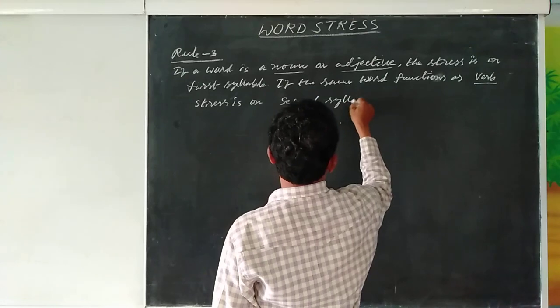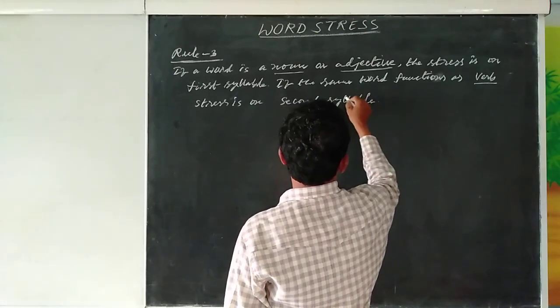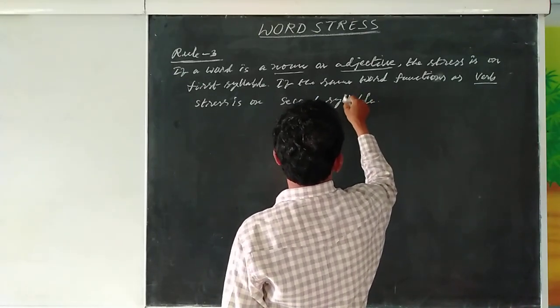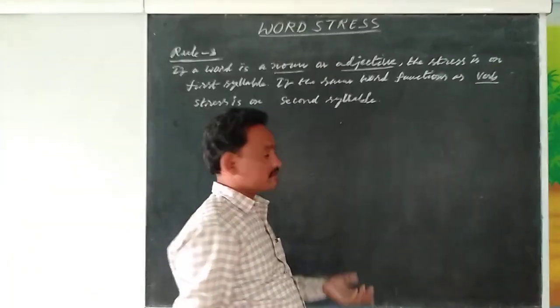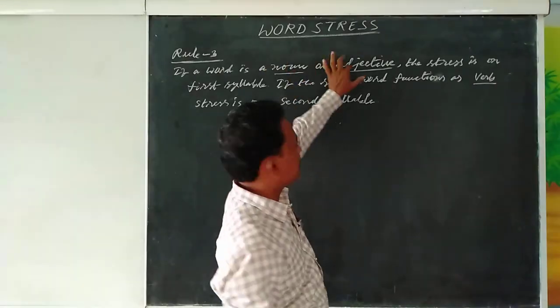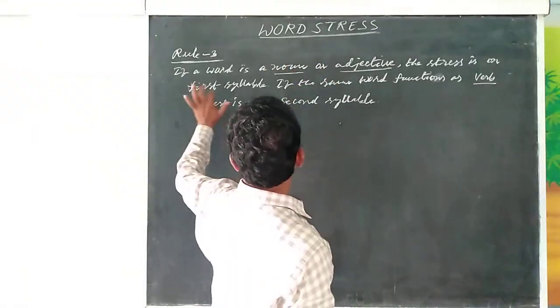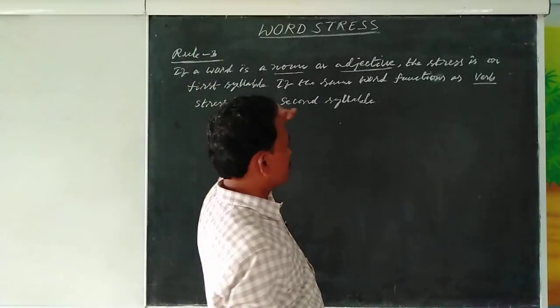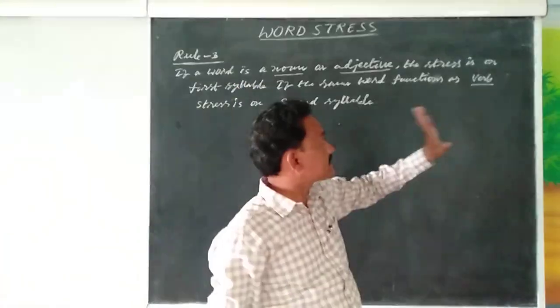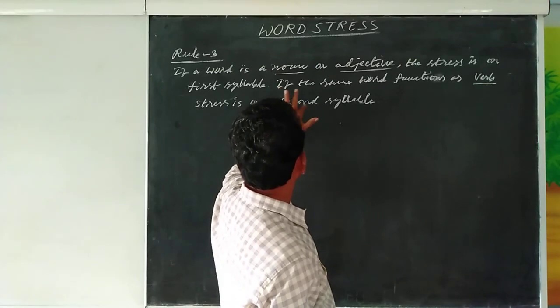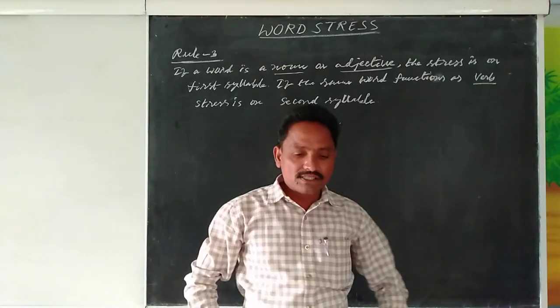Second syllable. It is very clear. There is no obscurity here. Noun or adjective, stress is on the first syllable. If the same word functions as a verb, stress is on the second syllable.